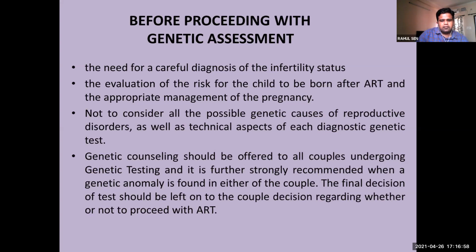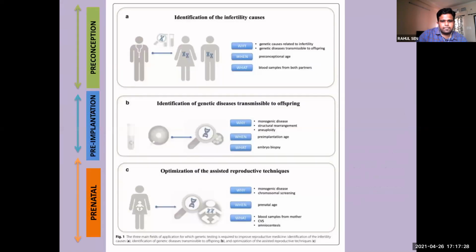Each and every technical aspect is to be checked or assessed separately. Genetic counseling should be offered to all couples undergoing genetic testing, and it is strongly recommended when a genetic anomaly is found in either of the couple. The final decision should be left to the couple regarding whether they proceed for conception or not.